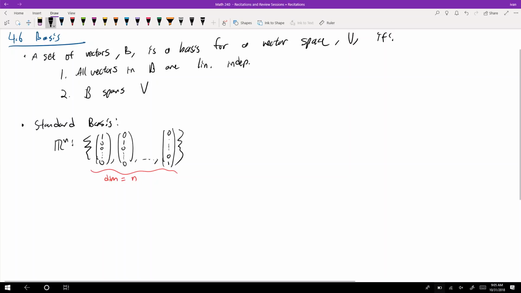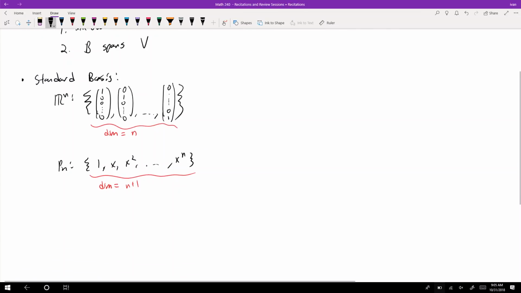What else? You have Pn, the polynomials, where the standard basis is 1, x, x squared, all the way up to x to the n. How many vectors are linearly independent here? n plus 1, so that's the dimension.